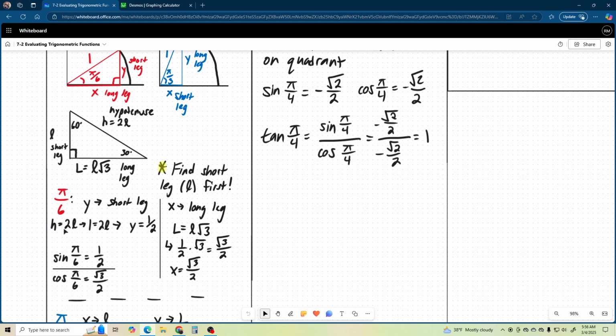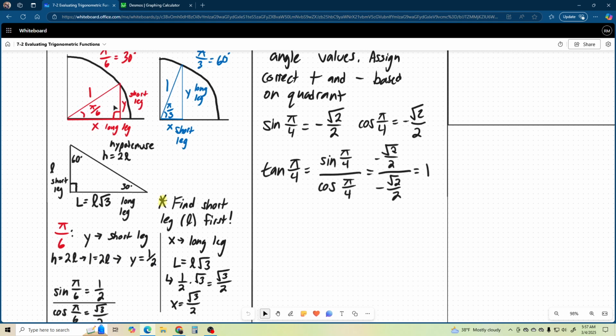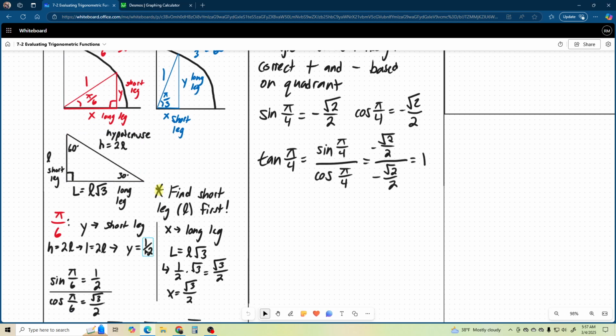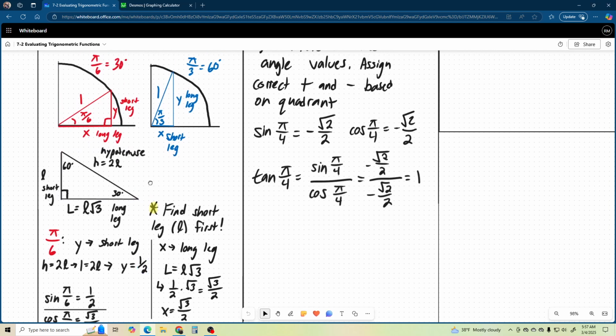If we know our hypotenuse equals 2 times our leg, and 1 is our hypotenuse, then 1 equals 2L, which means we divide by 2. So y is going to be 1/2. The short leg is half the size of the hypotenuse, so if this is 1, this should be 1/2. So our sine of pi over 6 is going to be 1/2.